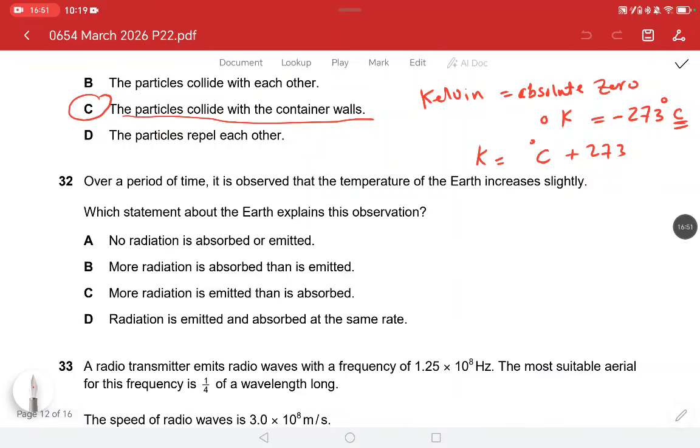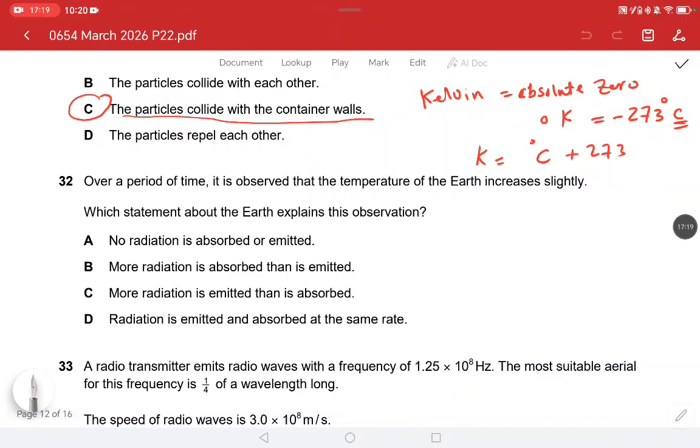You have more money. It's the same. If temperature is rising, the energy input will be more than the energy output. If more radiation is absorbed than emitted, this will increase the temperature.